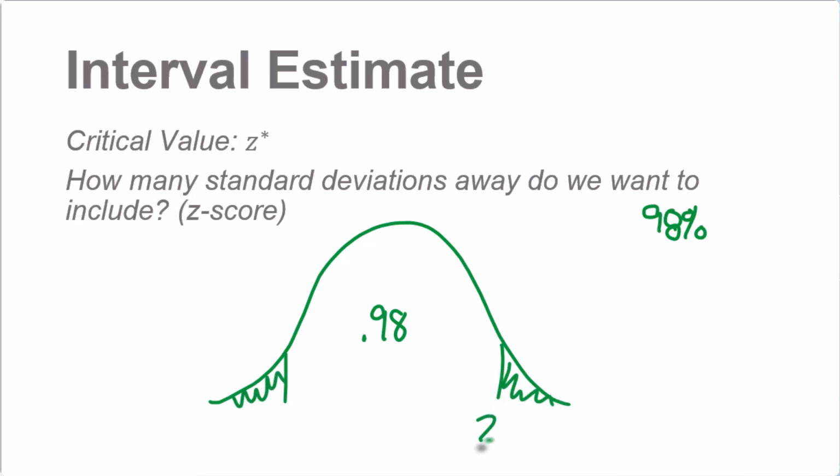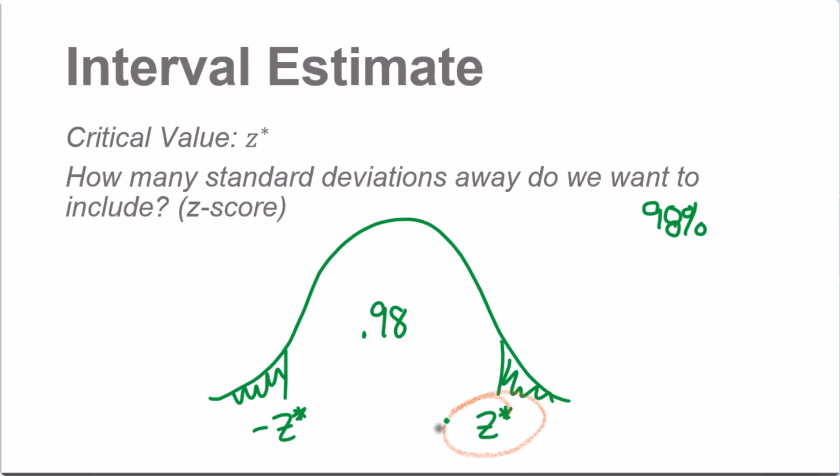And the critical value is the z-score that represents that cutoff. There are technically always 2 critical values. There's a positive one and a negative one on our normal distribution for the right-hand tail and the left-hand tail. The critical value that we're going to actually find is the positive one. It's the one on the right-hand side.